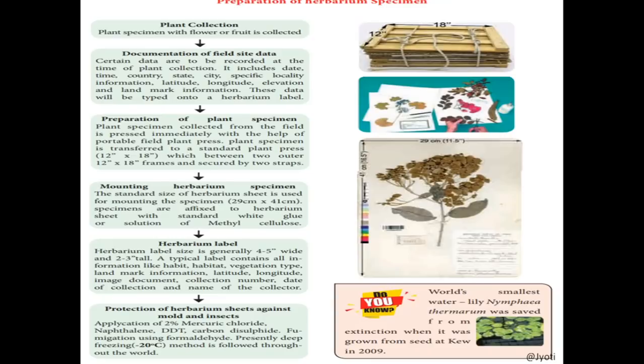Naphthalene, as you know, naphthalene is an insect repellent. DDT is also an insect repellent. So these types of chemicals can be sprayed on the specimen so that it cannot be destroyed by any insects or any microorganisms. Okay.